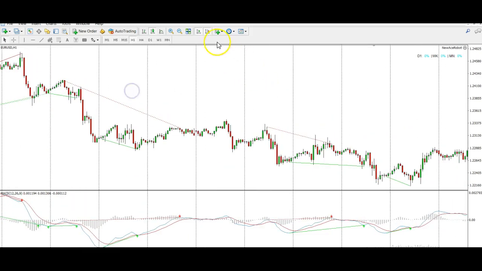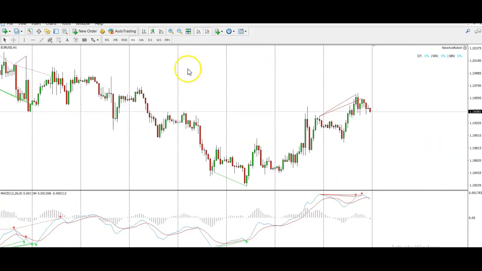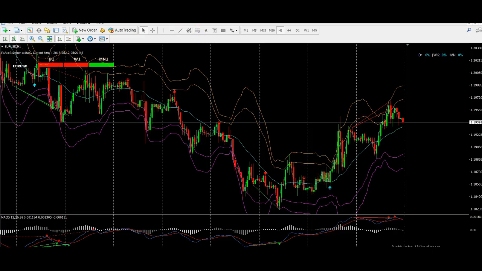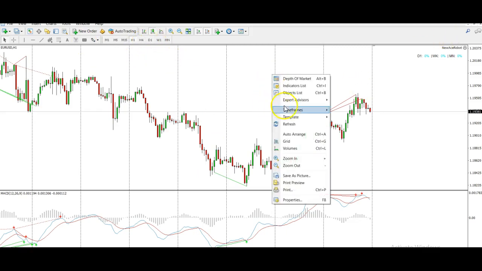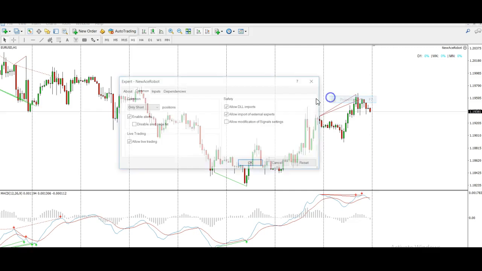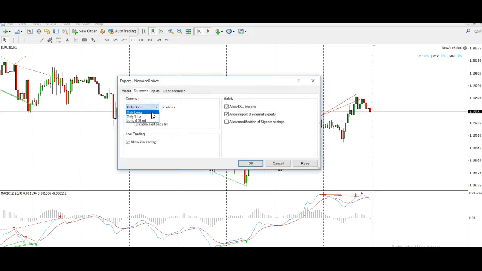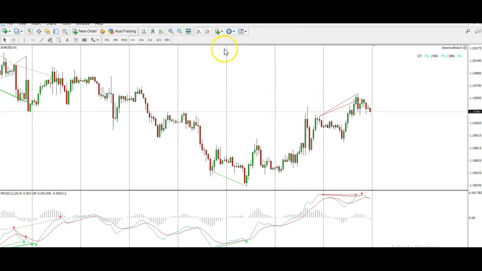Okay, and I'm going to go to the 1-hour chart. We know on this from yesterday I was only looking to take buy signals this week on the Euro USD. Again, a similar story to the robot: expert advisors, properties, only long positions.